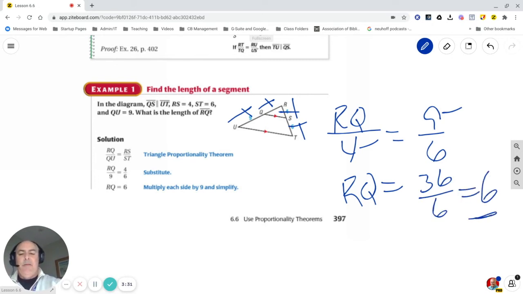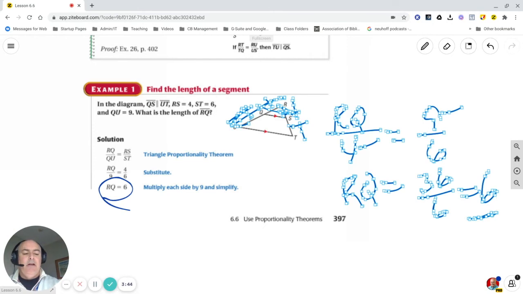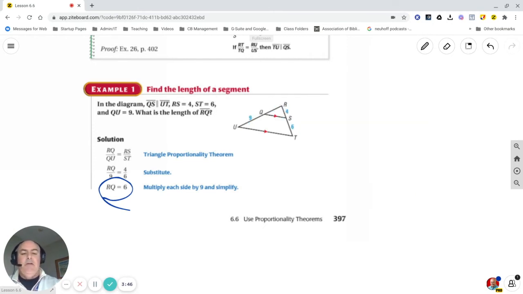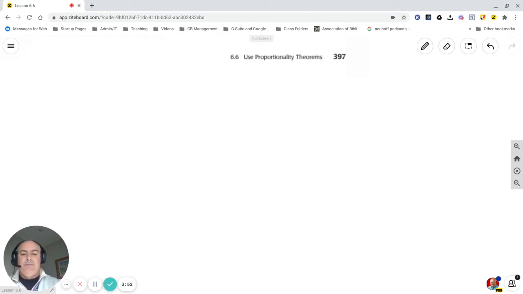You can see I get the same answer here, showing that it doesn't matter whether I work down the triangle or across. Oftentimes it's going to be a function of what I see within the drawing that helps me know which way to go, and potentially even where the variable is that I'm going to be solving for.